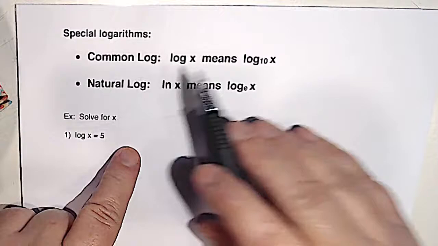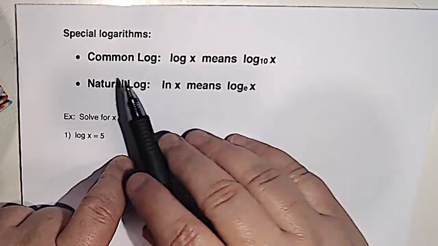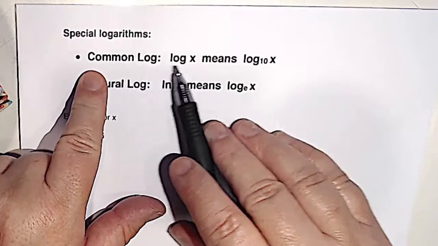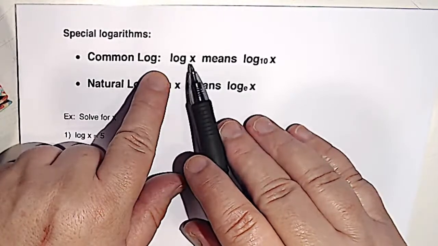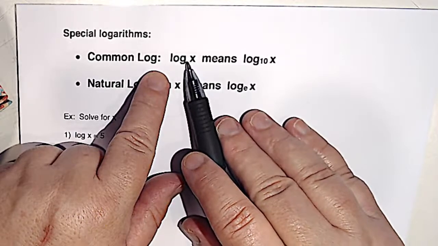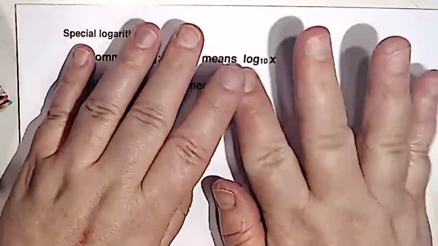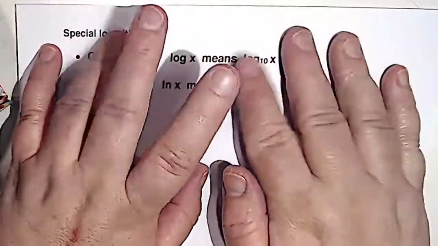Well, there are two logarithms that come up a lot in math. The first one's called common log, and we shorten it just by writing log. You'll notice there's no little base down there. It means base 10. Now, I wonder why base 10 would be the standard.